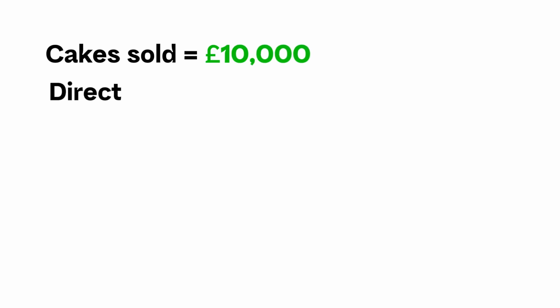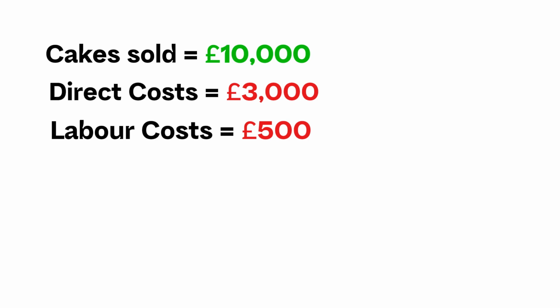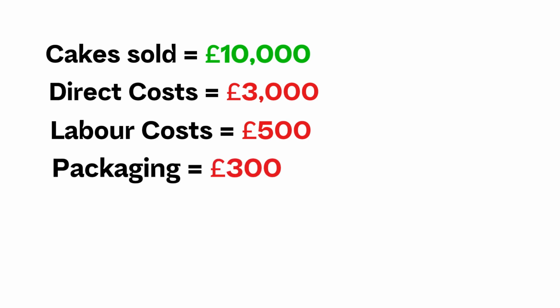So I'm going to give an example quickly so that we understand how all of this cost works. Imagine in your bakery in a particular month, you have sold £10,000 worth of cakes. And to make these cakes, you had spent on ingredients £3,000, on labor £500, on the packaging, the boxes, £300, and on the delivery, the shipping and the freight, £200.